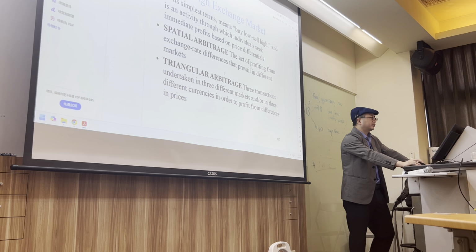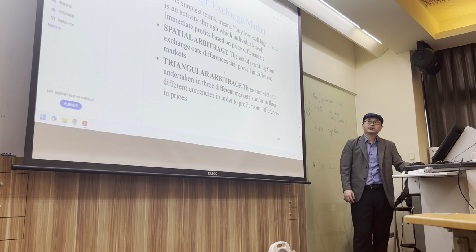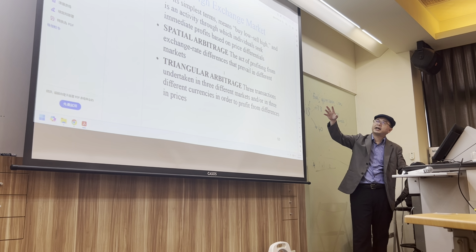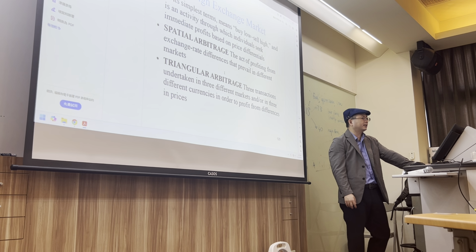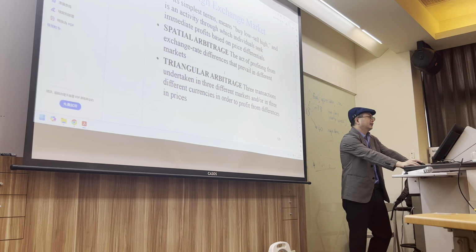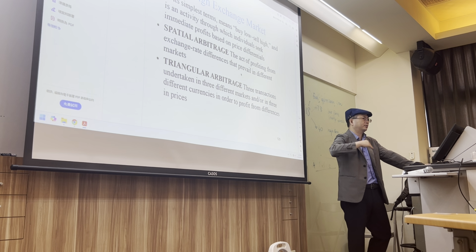So, in summary, we have this kind of strategy that means you can buy low and sell high. This is also an activity where an individual can seek immediate profit based on the price differentials. Here, I'm trying to introduce two concepts, two arbitrage strategies.